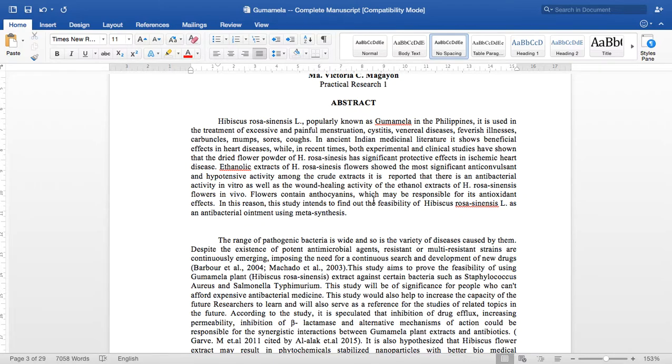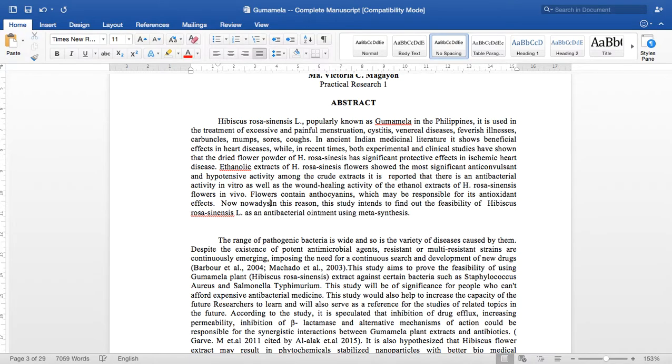okay. So, we need to have a problematic area. So, there is reported, okay, so we need to put the problematic area.